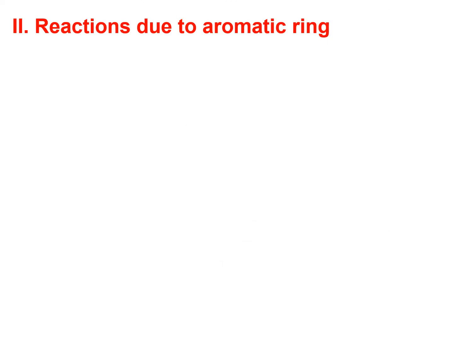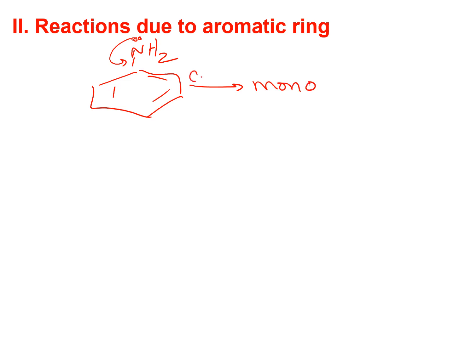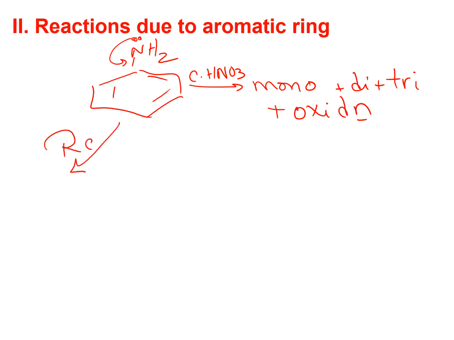Let's first deal with the easy ones. In case of nitration, if you remember in part 1 of nitrogenous compounds, we said that if you have an amino group, the ring is highly activated and you will end up with the mono, di, and tri-substituted benzene in addition to an oxidation product. So how did we solve this problem? We solved it by acylation.